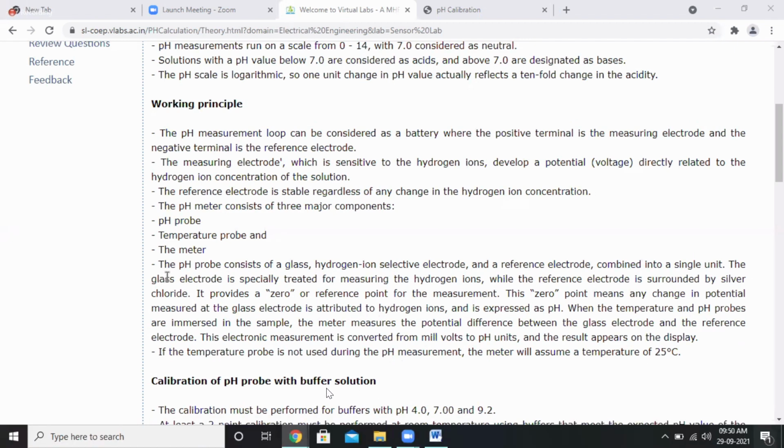Okay, what are the three important components? pH probe, temperature probe, the meter, sir. So for that reason, in level 2 and level 3, we can represent liquid maintained at 25 degrees Celsius, because in the probe we have a temperature probe, and in the pH probe we have two electrodes. First one is the measuring electrode, second one is the reference electrode. What is the use of measuring electrode?